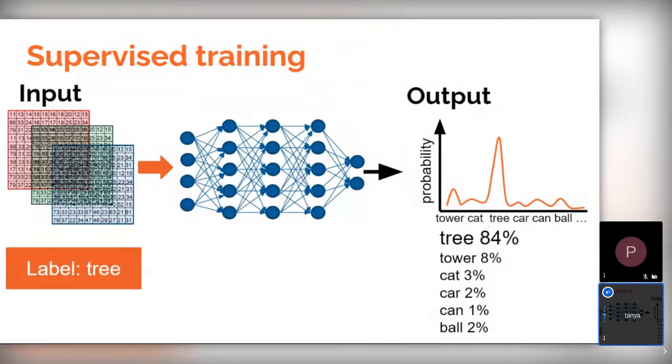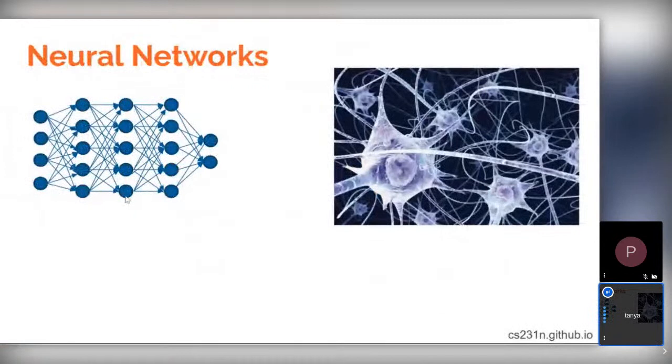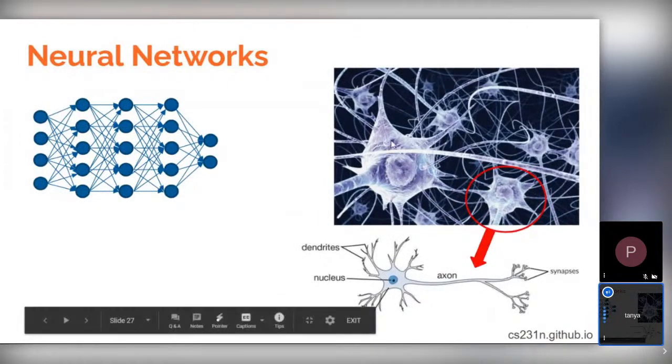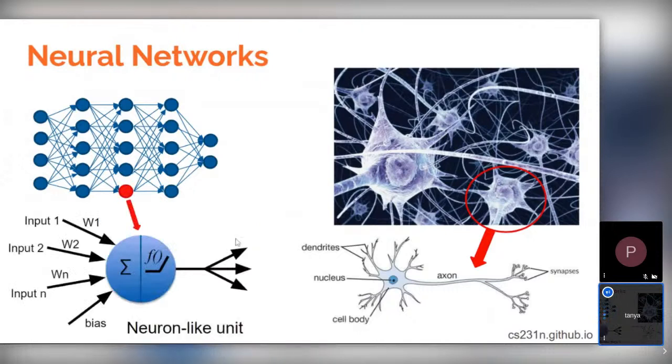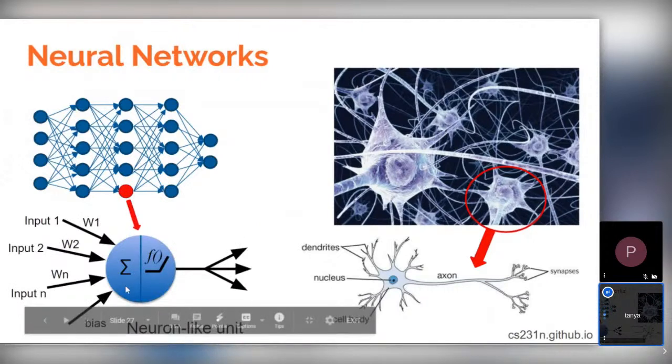The particular family of algorithms that deals with this kind of problem very well is called neural networks. What are neural networks? Neural networks were inspired by the biological neural networks that we have in the brain. In the brain, we have different neurons, and they collect a signal from the neighboring neurons, transform it, and send it further to the other neurons. The same idea was utilized for creating artificial neural networks.